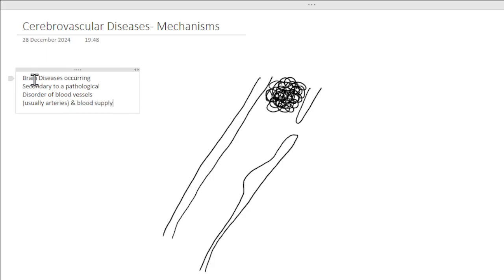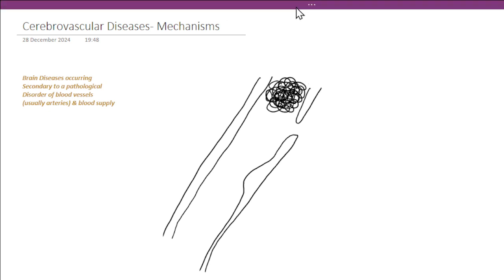So brain diseases are basically this. Remember this. Now this is very easy to understand, the basic point, and I want you to understand the basic point.